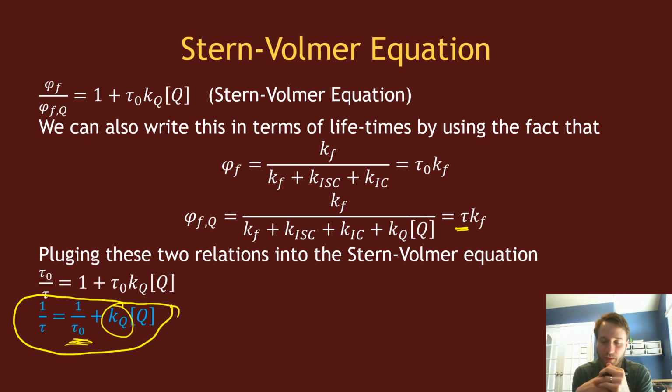Again, these are the Stern-Volmer equations. With these quenchers, it's used very often in chemistry to study excited states of molecules, and you can do a lot of interesting things with this if you have some idea of how this quenching rate constant works.